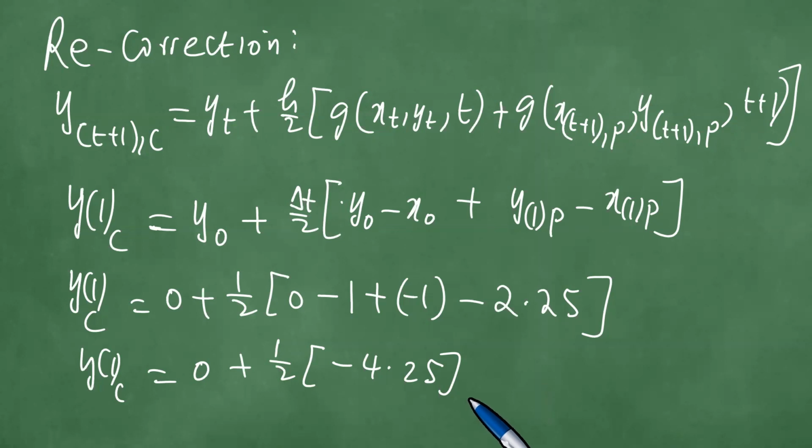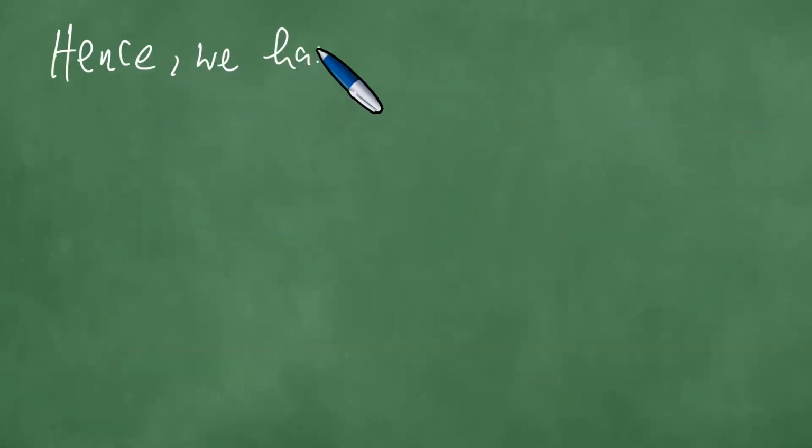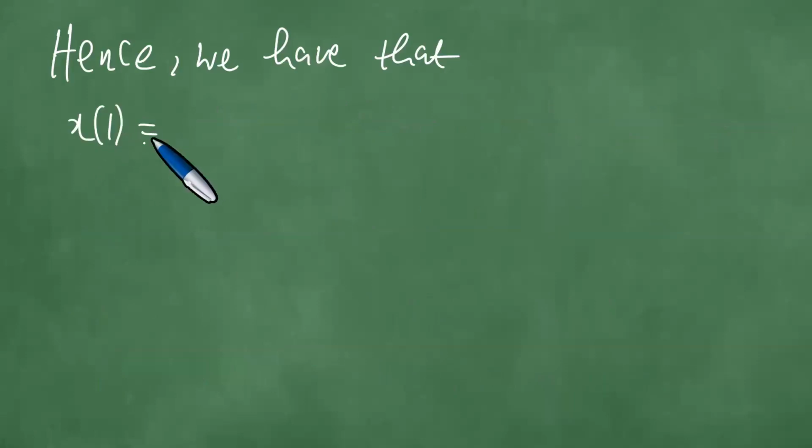Right, so what we're then getting is minus 2.125, like so. Hence the conclusion is that x1 is actually the same as 2.25.